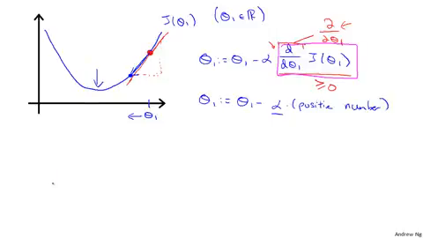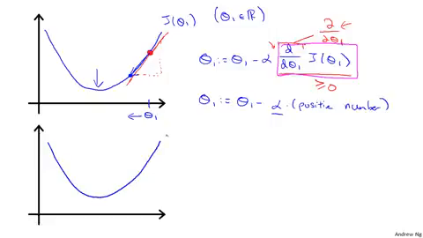Let's look at another example. Let's take my same function J and draw the same function J of theta 1. And now, let's say I had instead initialized my parameter over there on the left. So theta 1 is here, at that point on the surface.